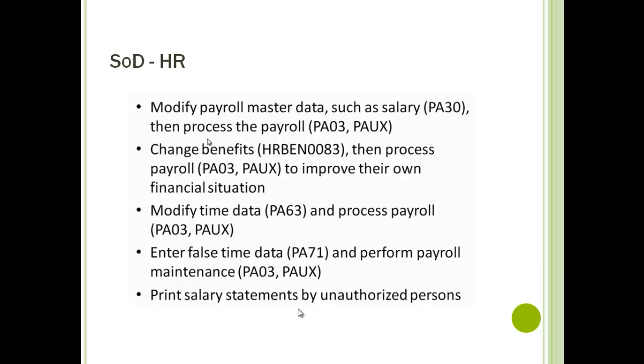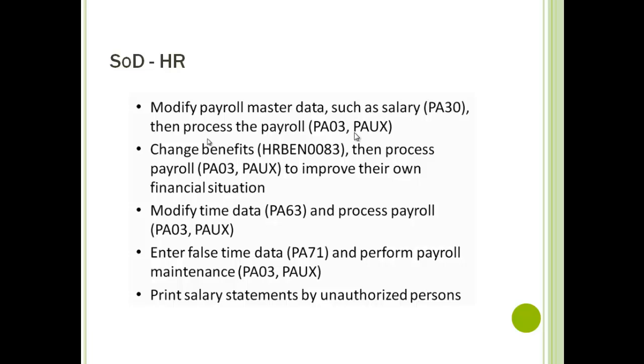For example, modifying payroll master data such as salary in PA30, then processing the payroll should not be with one person. Let's say I can change my own salary if, for example, you don't use the P_ORGIN authorization object which we have seen. Let's say we have P_ORGIN also.